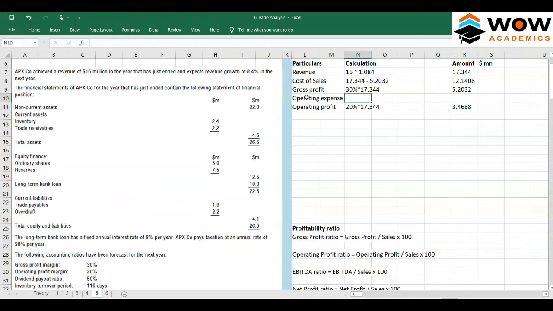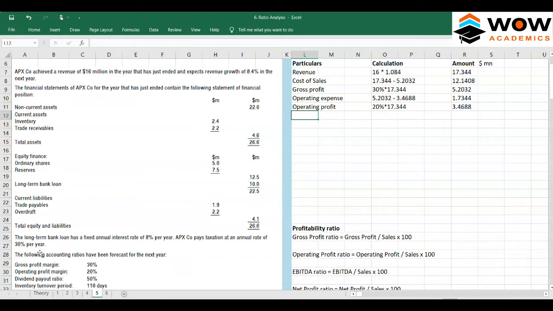So the difference between these two numbers, okay, so that's about the operating profit. We got it. Thereafter, from operating profit, we can have interest and tax and things like that.